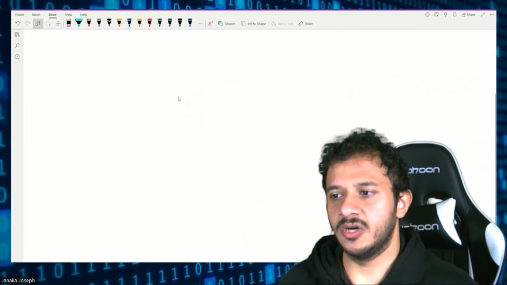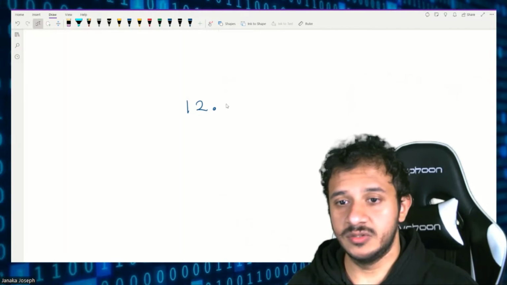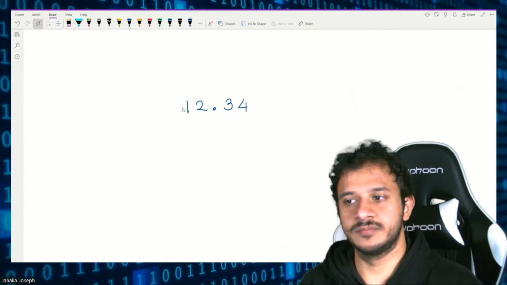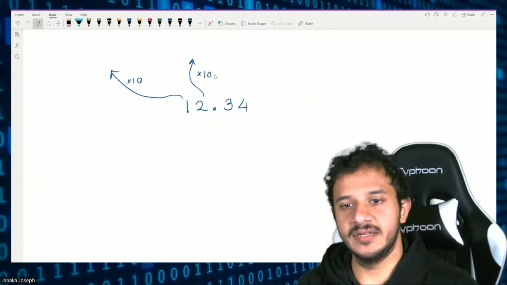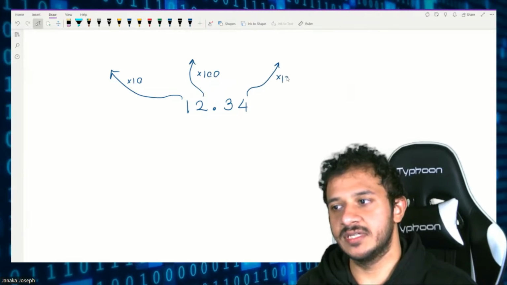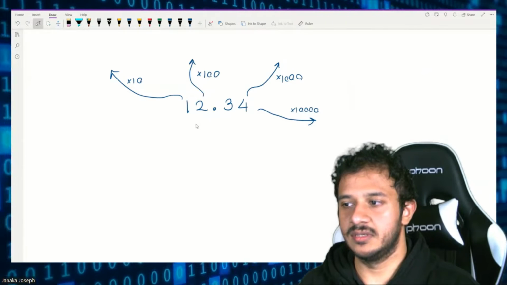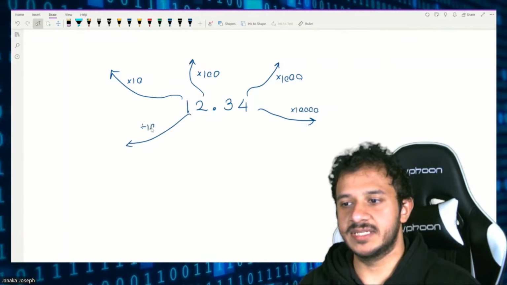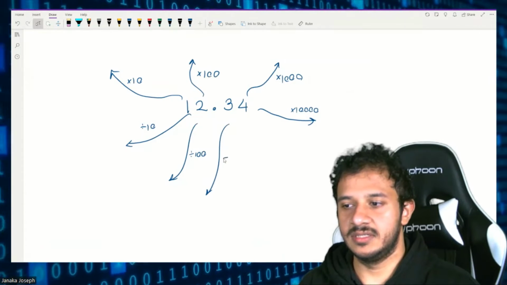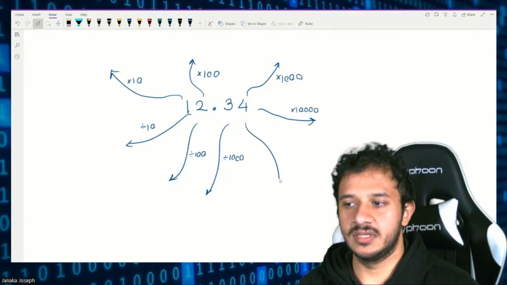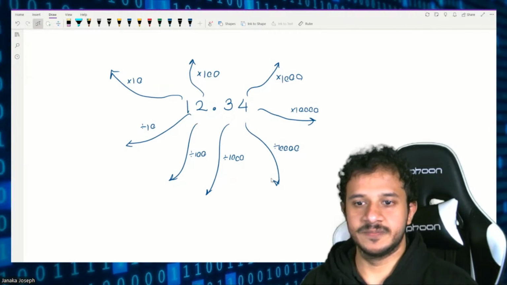Let's say that I've got 12.34, and let's say that I'm thinking about multiplying by 10, then multiplying by 100, then multiplying by 1000, and then multiplying by 10,000, then dividing it by 10, dividing it by 100, dividing it by 1000, and dividing it by 10,000.